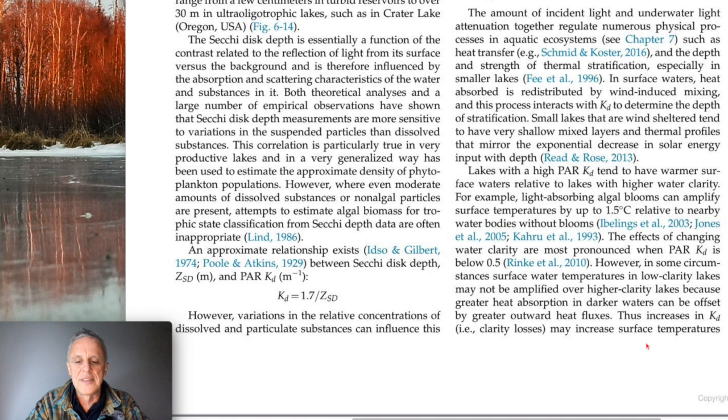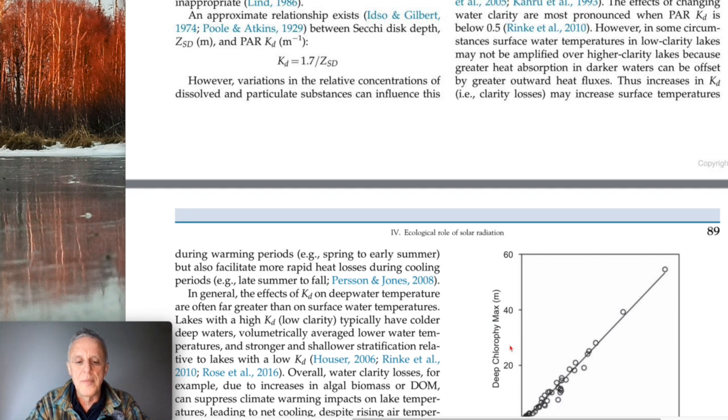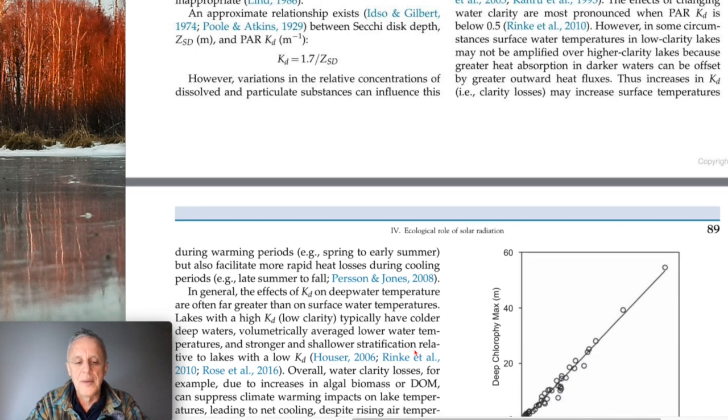However, in some circumstances, surface water temperature in low-clarity lakes may not be amplified over higher clarity lakes, because greater heat absorption in darker waters can be offset by greater outward heat fluxes. Thus, increases in KD, i.e. clarity losses, may increase surface temperature during warming periods, for example the spring to early summer, but also facilitate more rapid heat losses during cooling periods.